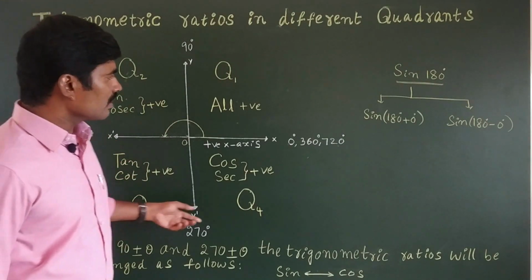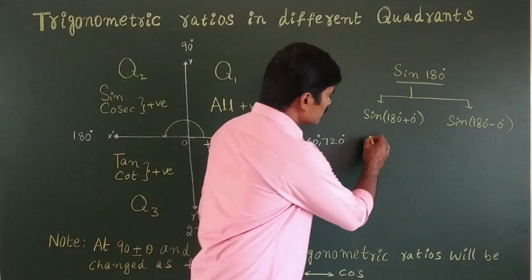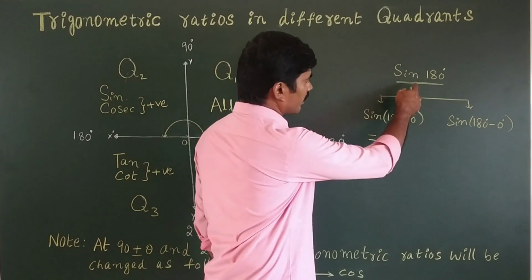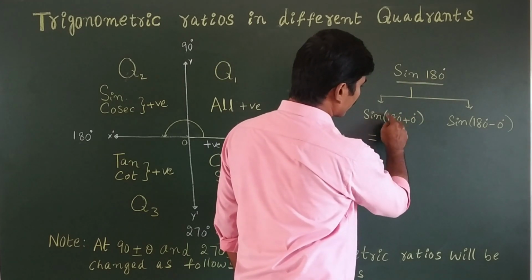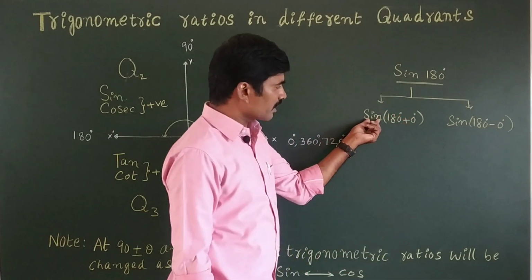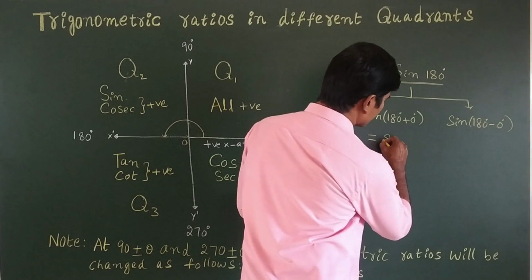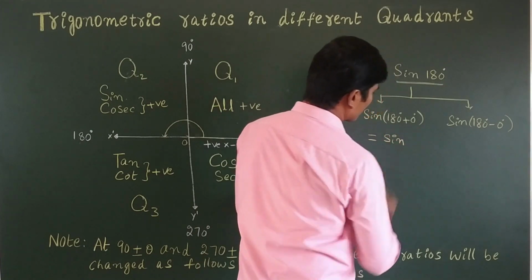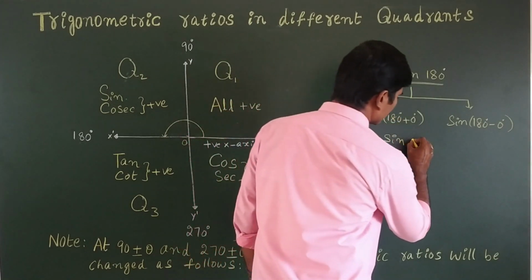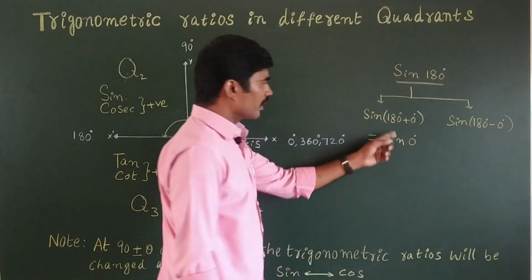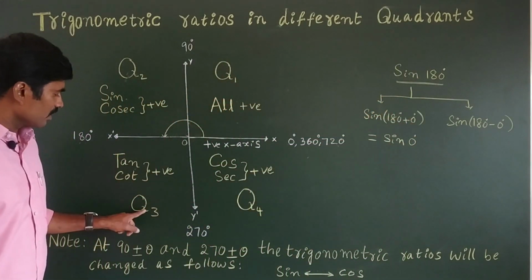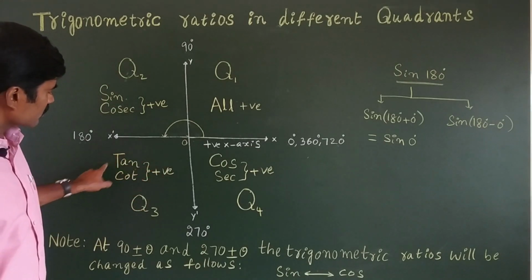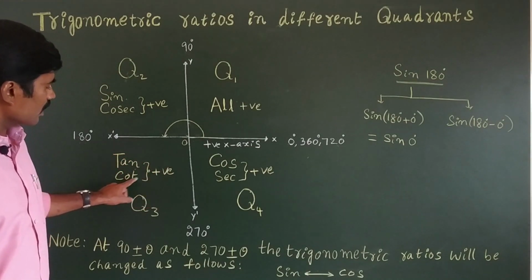In Q3, sine 180 plus theta we can write as 180 plus 0 degrees, and at 180 the ratios will never be changed. So write sine as it is and neglect 180, write 0 degrees. And 180 plus theta means lies in Q3. In Q3, sine is negative. Only tan and cot are positive.